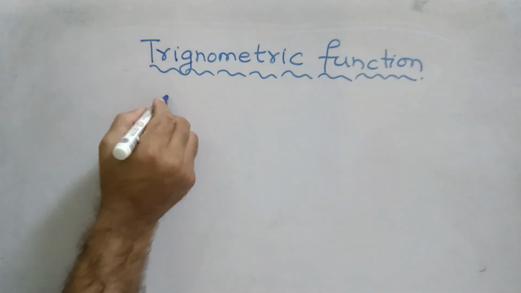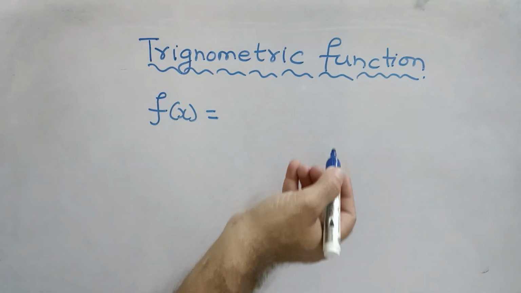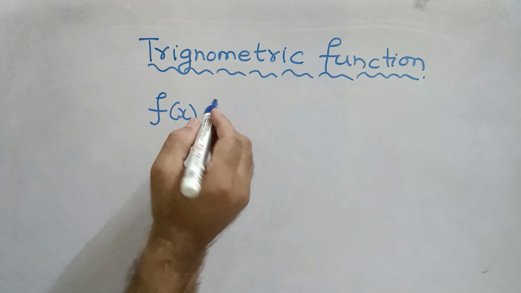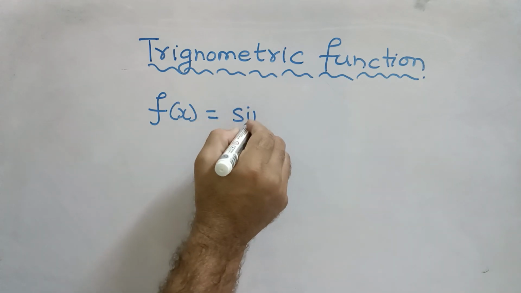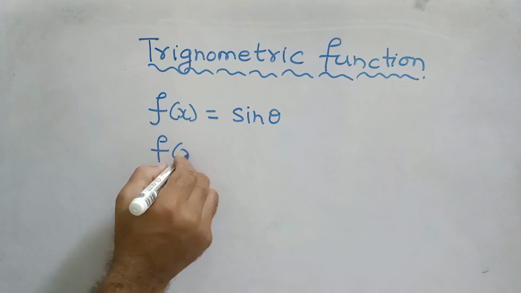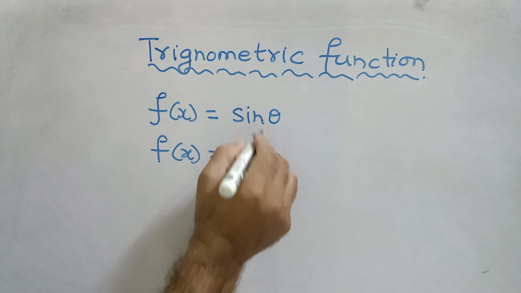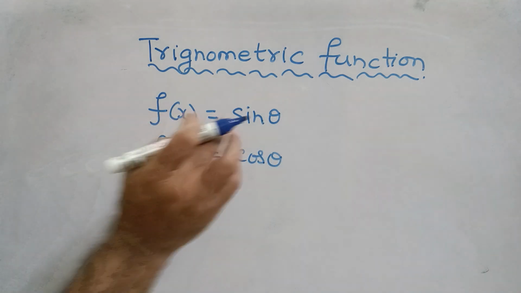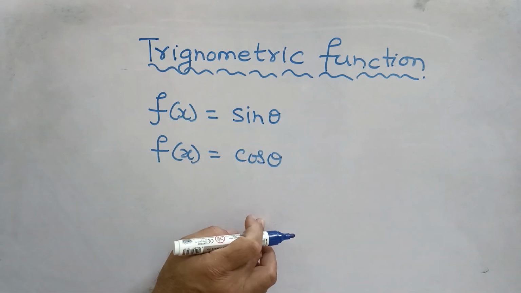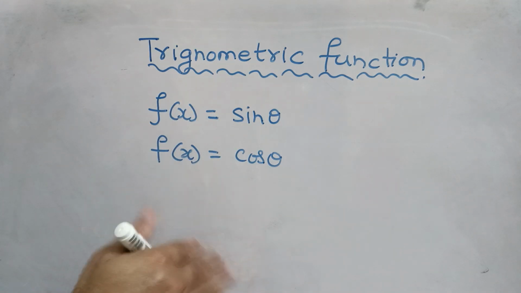Like f of x is equal to sin theta, and f of x is equal to cos theta. These are the trigonometric functions: sin theta, cos theta, tan theta, cot theta, secant theta, and cosecant theta.